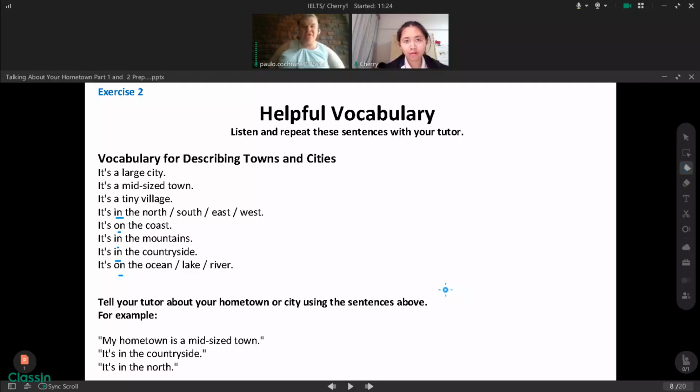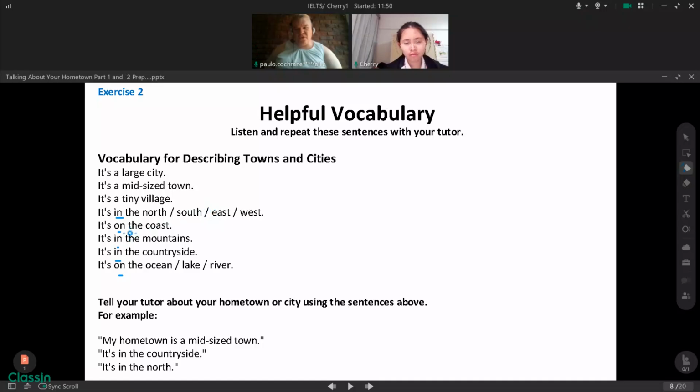Like: it's a large city, it's a mid-sized town, it's a tiny village, it's in the north or in the south or in the east or in the west. It's on the coast. It's in the mountains. It's in the countryside. It's on the ocean.